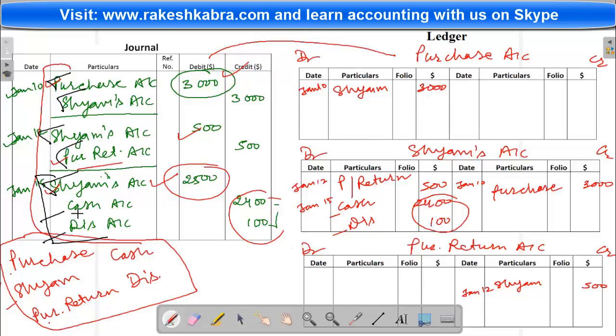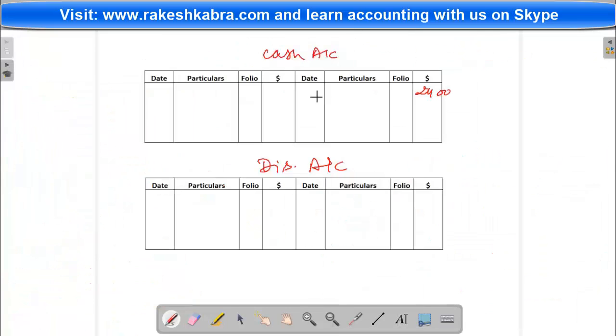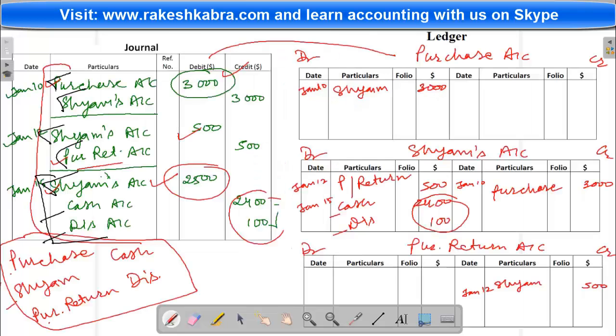Cash account is credited, its opposite account is Shyam's. So I will write the name of Shyam. So January 15, then I will put the date. Understood this posting in the cash account? Yes. So posting done in cash account.